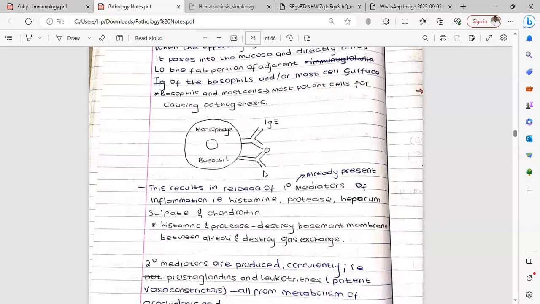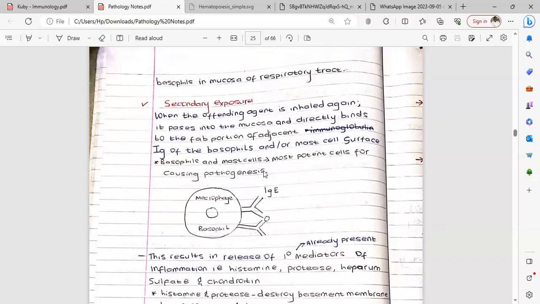Okay. So as was said, there is a primary exposure and there is a secondary exposure. In the primary exposure, remember, when we say primary, mostly it means the first time. So let's say patient X is allergic to pollen, but they don't know and they've never been exposed to pollen.